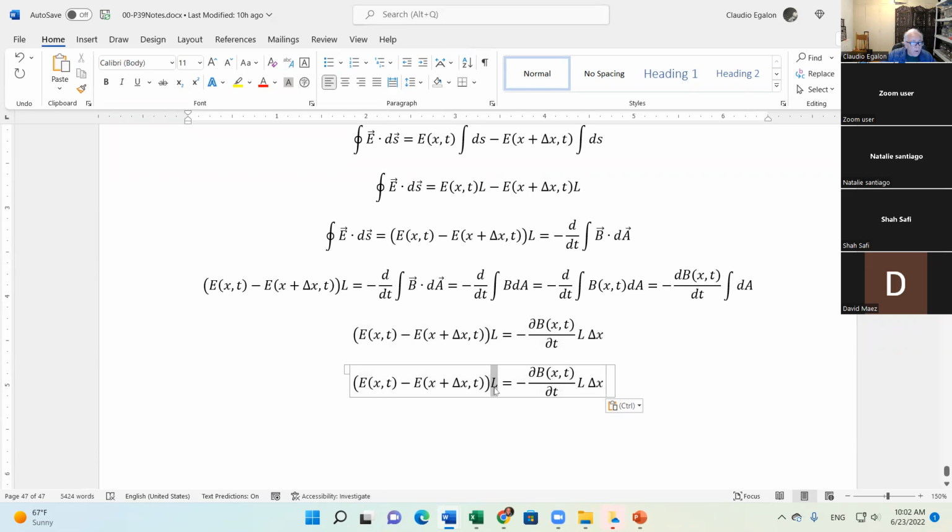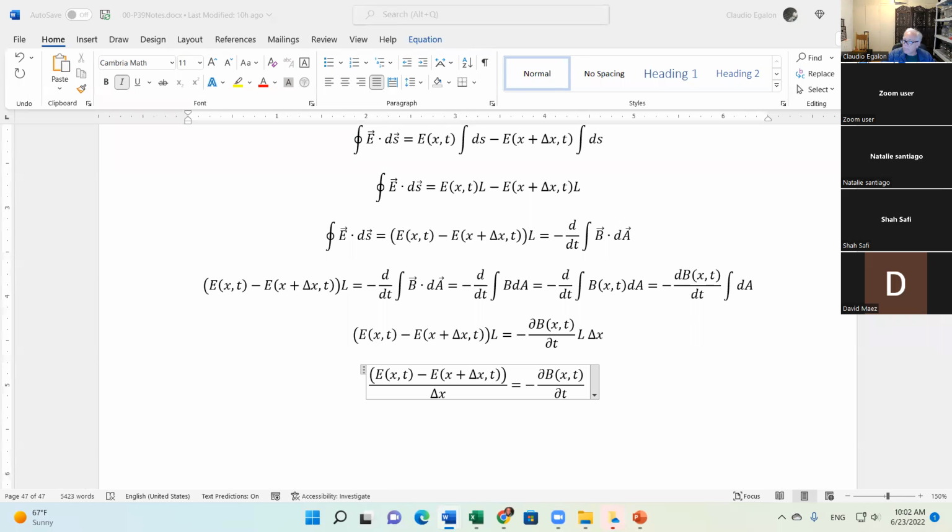This L cancels out with this L. Then this delta X can go to the other side, right? And now you recognize what the left side is. We take the limit as delta X goes to 0.